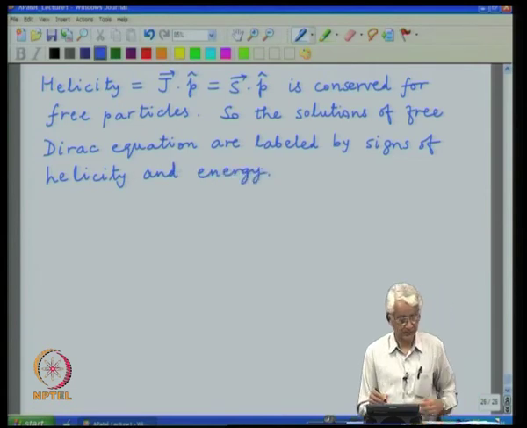Each one has two different possibilities for the sign, and so together they count all the four components.